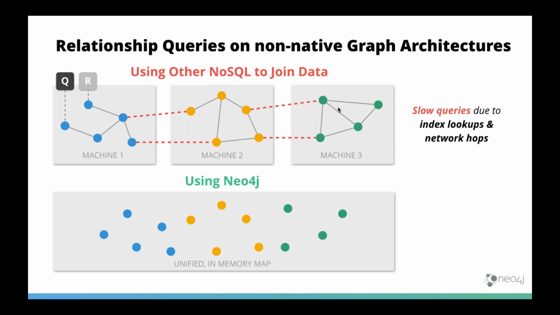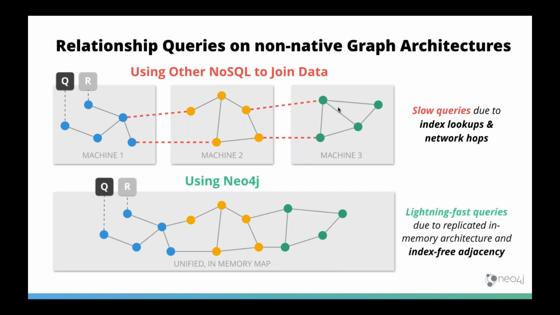If you're using Neo4j, it's completely in memory and unified, so the queries are much quicker, and you're always one hop away from the next item. This is what we call index-free adjacency, and that basically means that, if you think about a bunch of linked lists, you're always just one hop away from the next item. You don't have to go look at an index somewhere and come back, which can really slow things down.